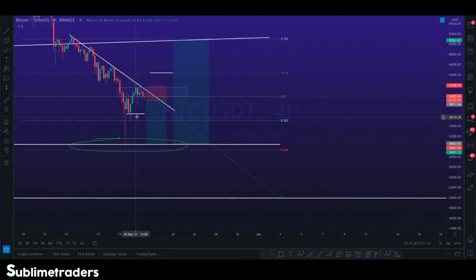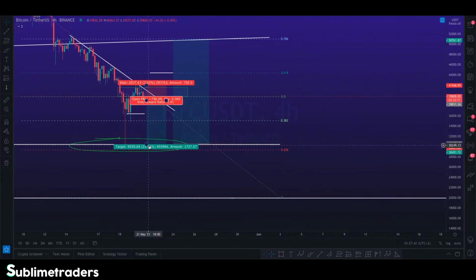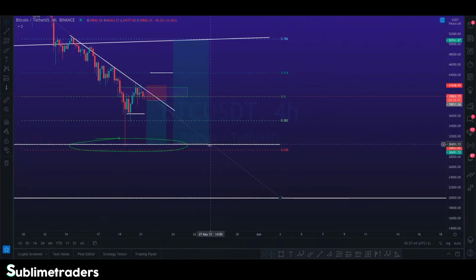And let's say that, as I said, we gain the momentum, we break the 30k, and we also have the possibility to go below. So below the 30k, we have the 0.23 Fibonacci level, which can hold for a while. However, I think that if we just touch it, we will possibly go down to 20k.